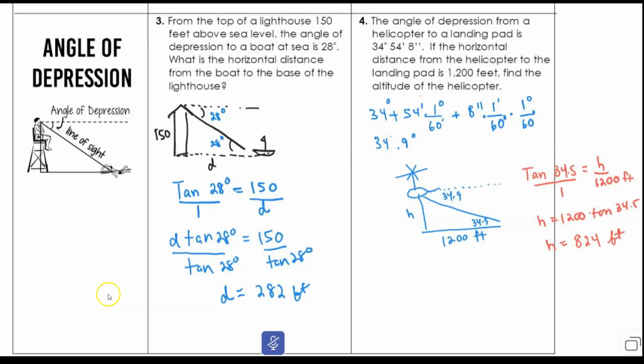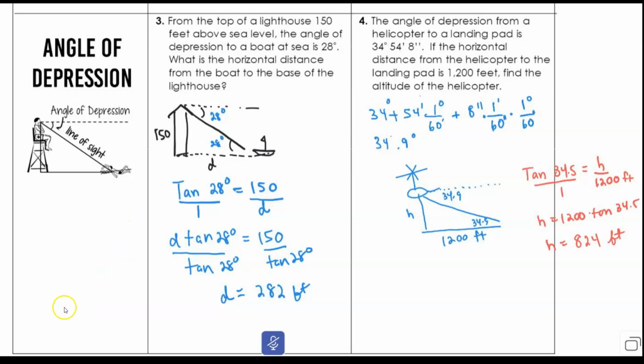What you have is 34 degrees plus, we know it's 54 minutes, and we know that in 1 degree there's 1/60th of a minute. So it's going to be 1 over 60 plus, we have 8 seconds. So it's going to be times 1 over 60 times 1 over 60.